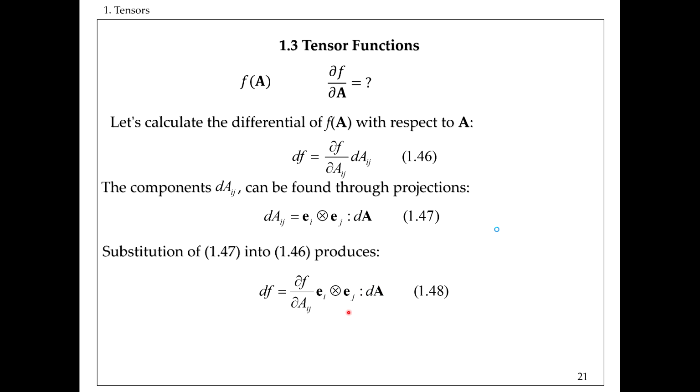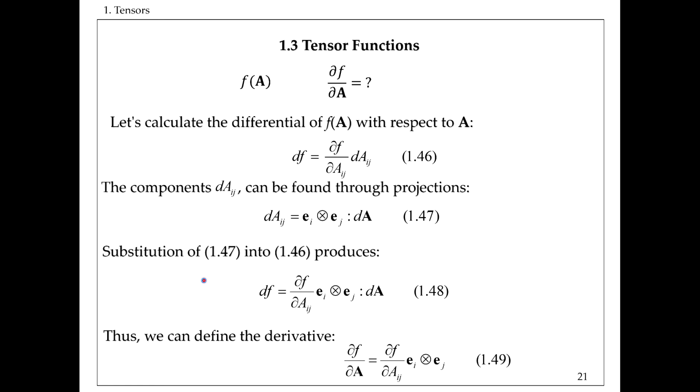Based on that, we can say that the derivative of f with respect to A, our initial derivative that we were after, can be written in the following way, by using this structure.